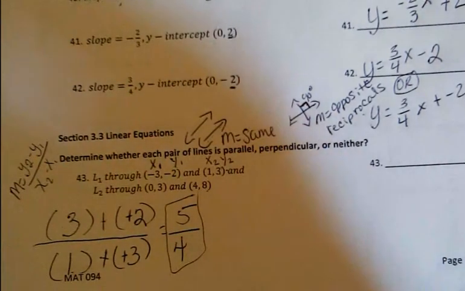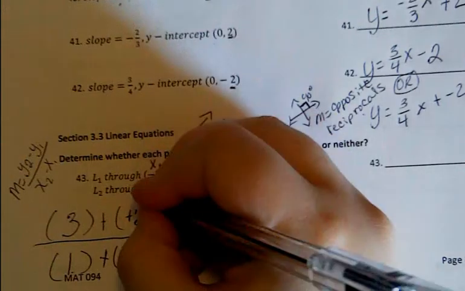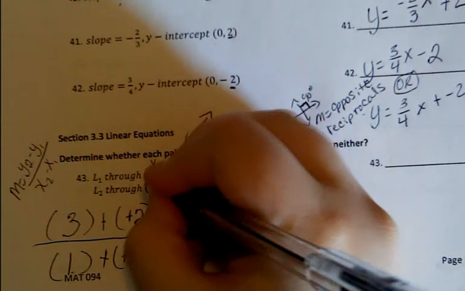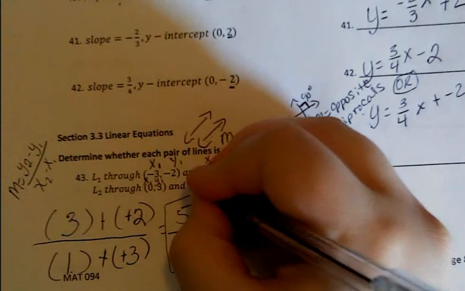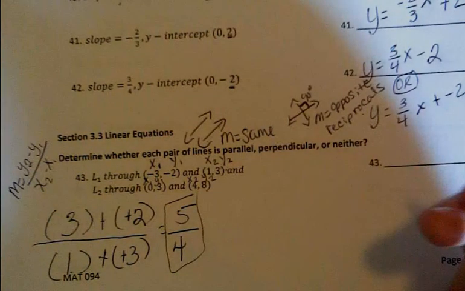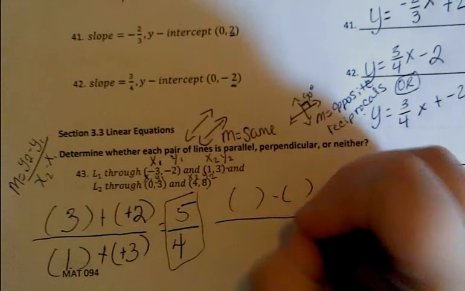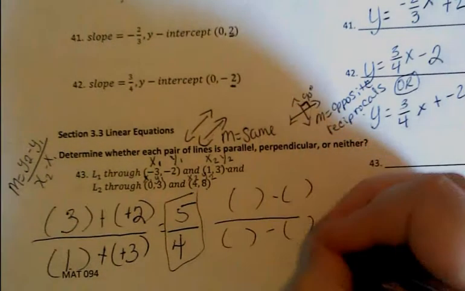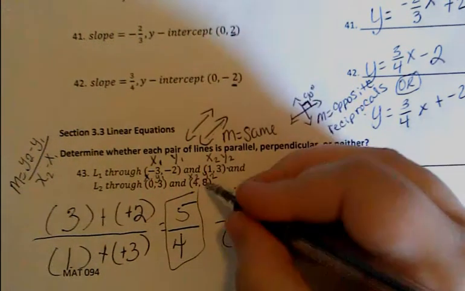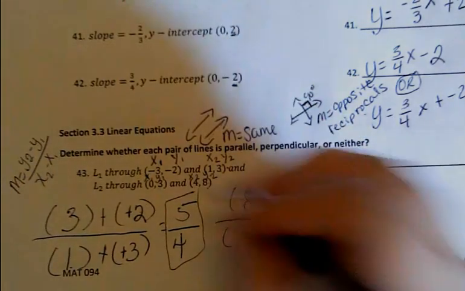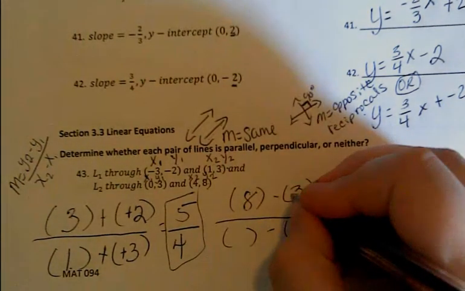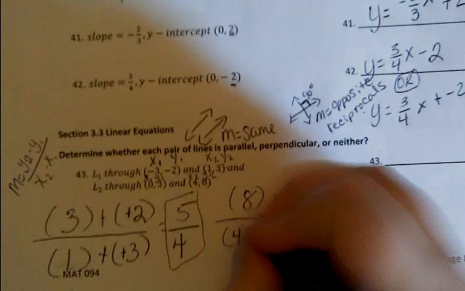So now let's find the slope here. This is x1, y1, x2, y2, if you can read that. So plug that into my formula. y2 is 8, y1 is 3, x2 is 4, x1 is 0.